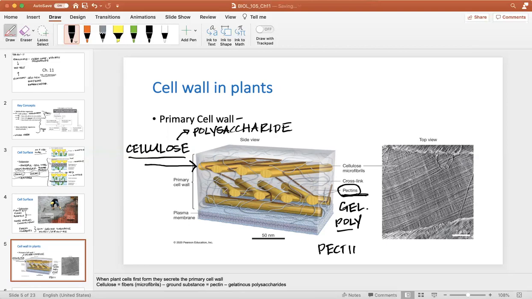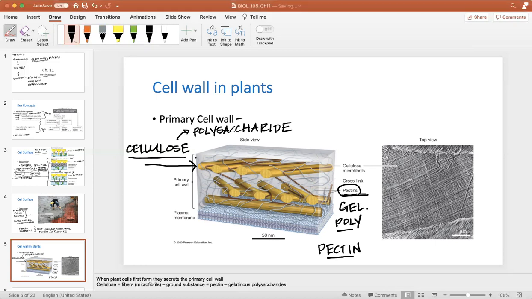If you have anyone in your family that makes jellies or jams, they probably have used pectin. You can buy packets of it, and when you're cooking down your strawberries, you add some of this extra pectin to the mix, and that's what causes the jams and jellies to gel up and become sort of a semi-solid mixture.